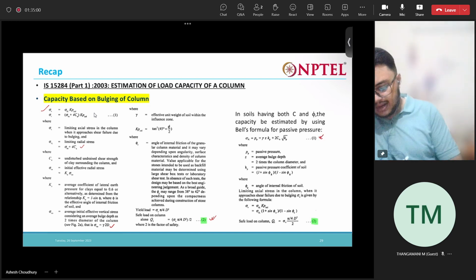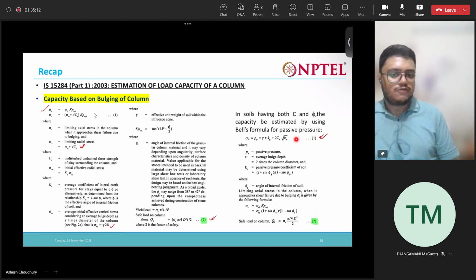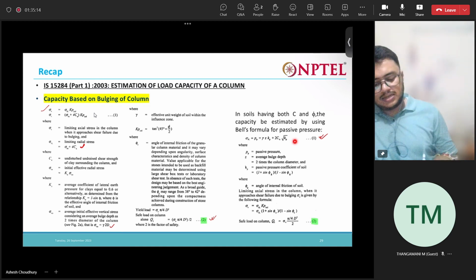The sigma RL, which was previously given by this, is now given by this when phi is also available. All the other things are the same and detailed there. So sigma RL will change if we have phi in the soil.